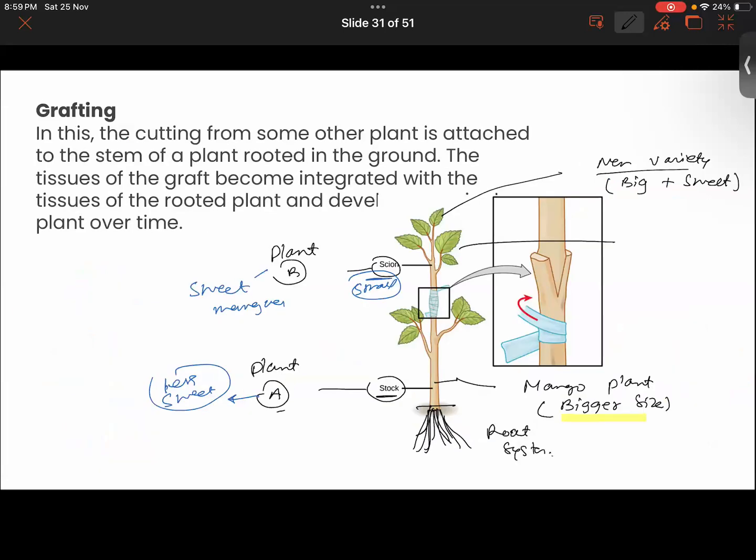So in grafting, we saw that two plants are combined to form a plant having a new variety. In this method, any two varieties of the same crop are combined to form a new variety. Any part of one variety of a crop, such as a stem, is cut and added to another variety of the same crop in such a way that the xylem and phloem of both of them are connected to form a new variety.